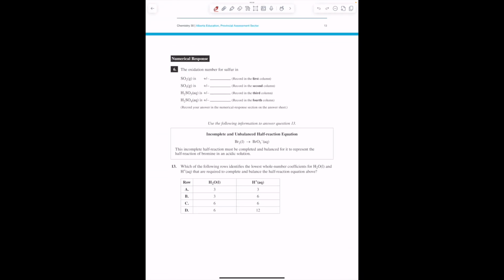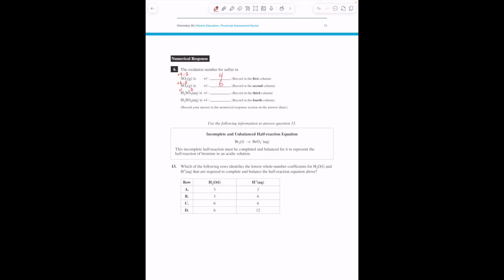Okay, straight oxidation number question. Should be easy. O is a minus 2. That makes S a plus 4. So that's 4. Minus 2 times 3 is minus 6. So S is plus 6. Let's see. Plus 1 minus 2. That's 2 times 3 is negative 6. 2 plus 1 is plus 2.